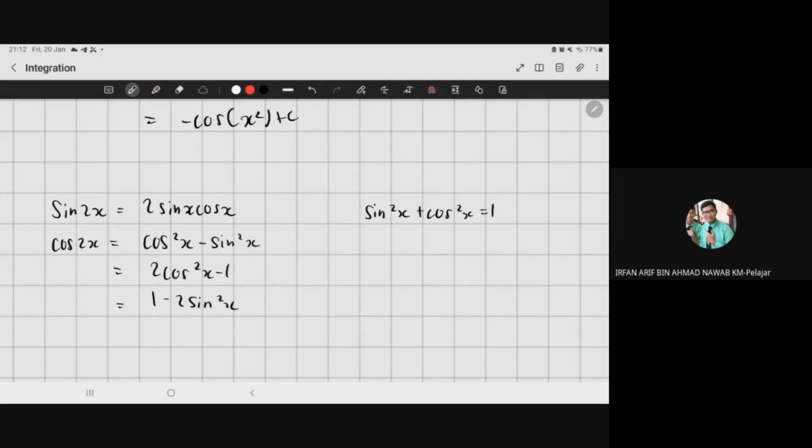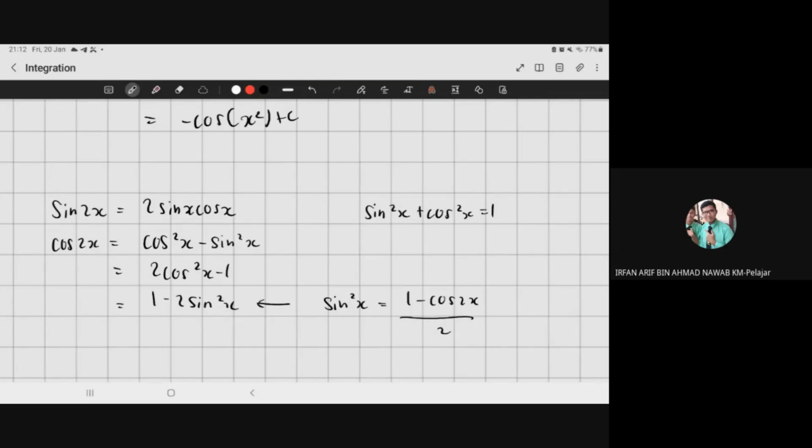And then you could derive the formula expressing sine square, for example. For this one, you could write it as sine square of x is equal to 1 minus cosine of 2x over 2, by using basic algebra. You just have to apply the rules of algebra, and then you express it whether you want it in sine square x or cosine square x.